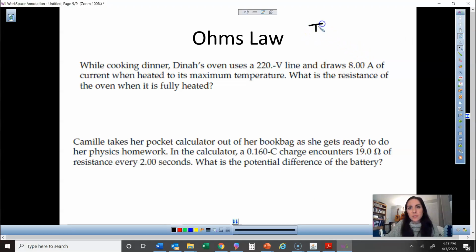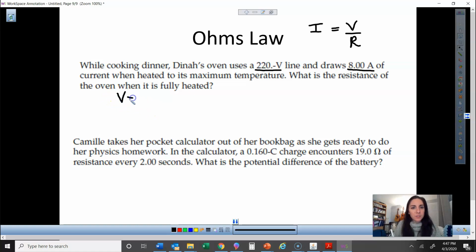Ohm's law says current is voltage divided by resistance. While cooking dinner, Dinah's oven used a 220 volt line and draws 8 amps of current. Those are actually pretty accurate values, by the way. What is the resistance?